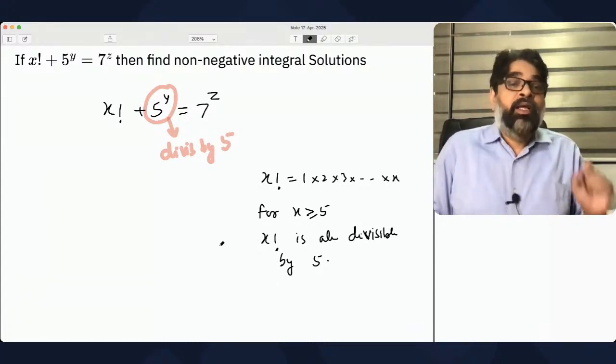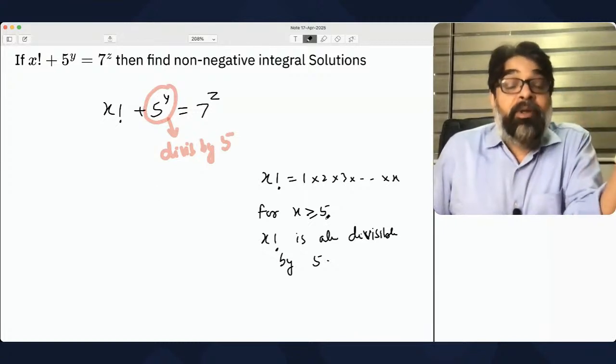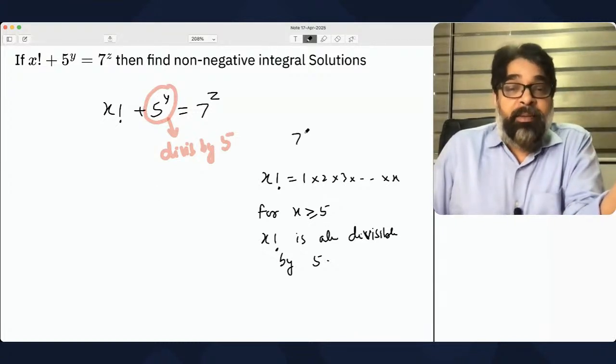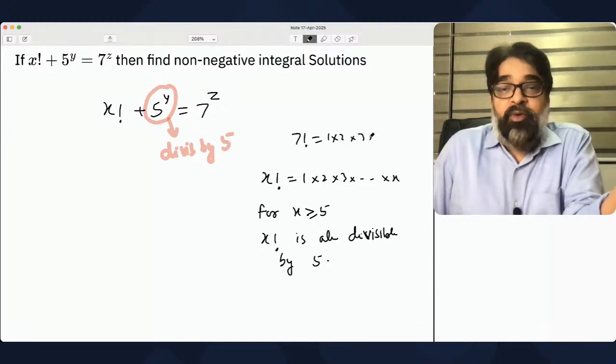Yes or no? Now, why? Because if you take, suppose, 7 factorial, it will contain 1 into 2 into 3 into 4 into 5 into 6 into 7. So 5 will always come.